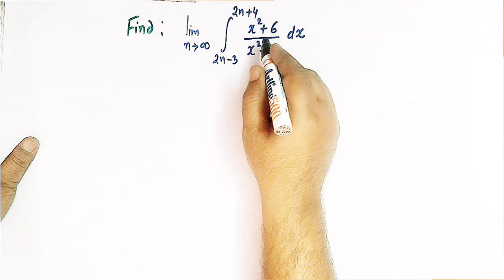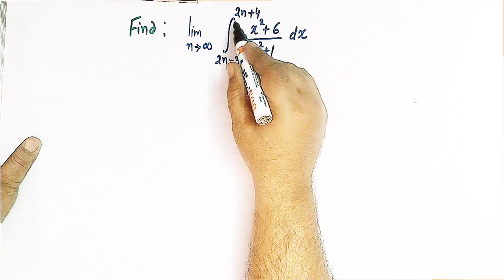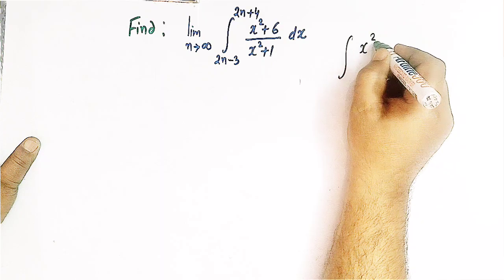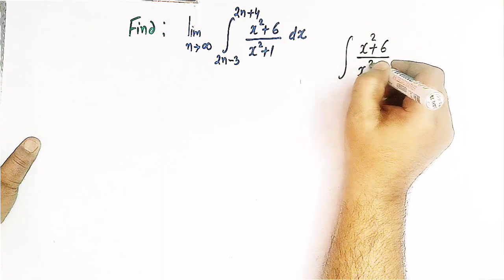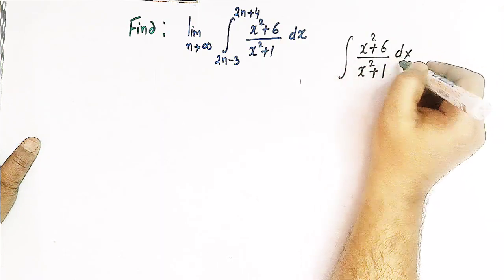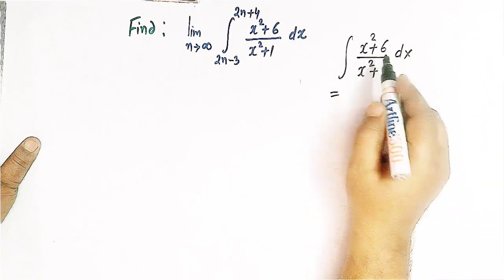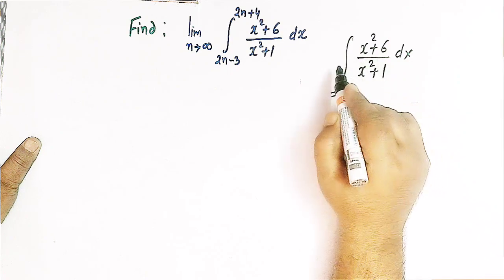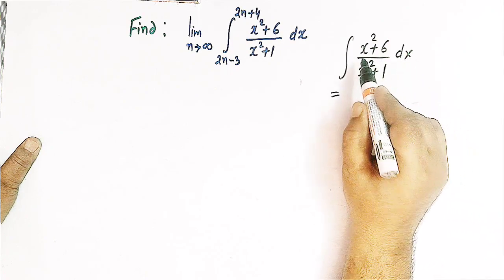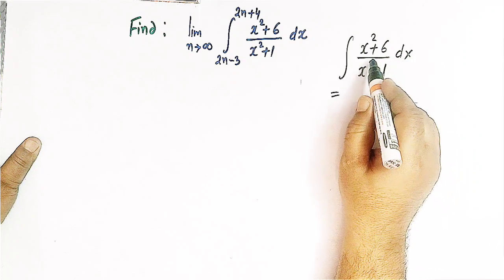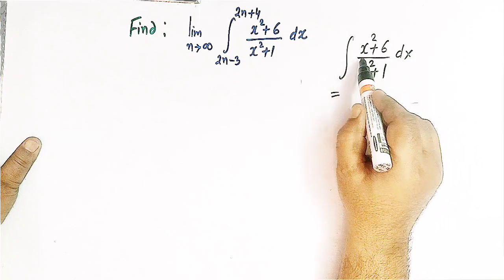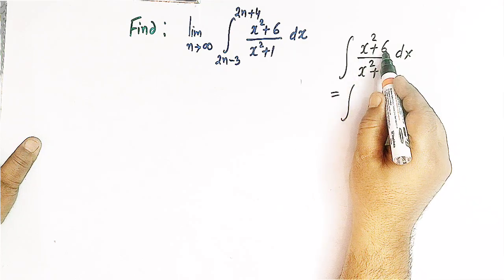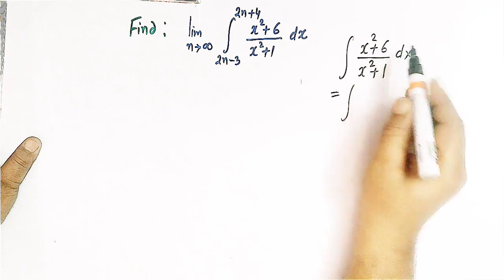So let us first see the indefinite integral of this function, (x square plus 6) over (x square plus 1). To evaluate this integral, let us write it as a sum of two integrals. What we will do is split this 6 as 1 plus 5.